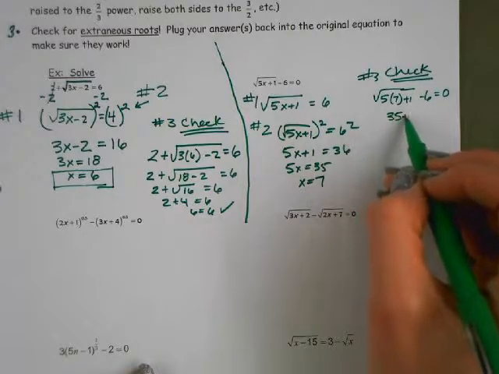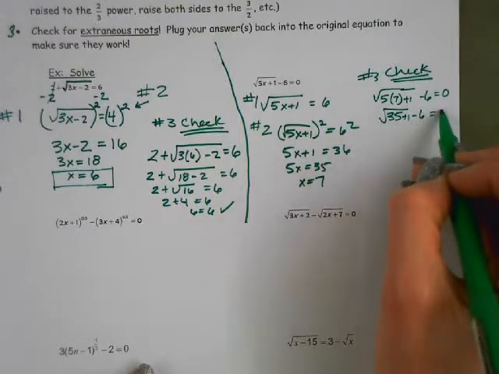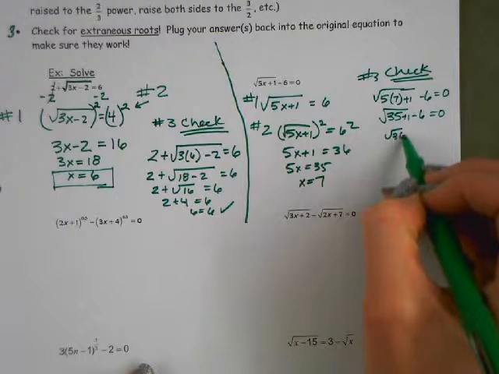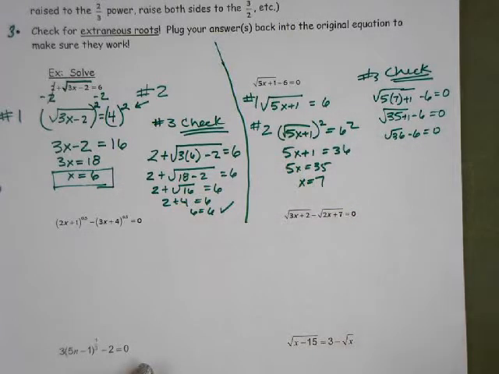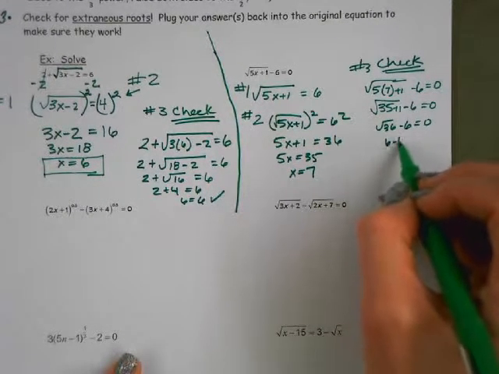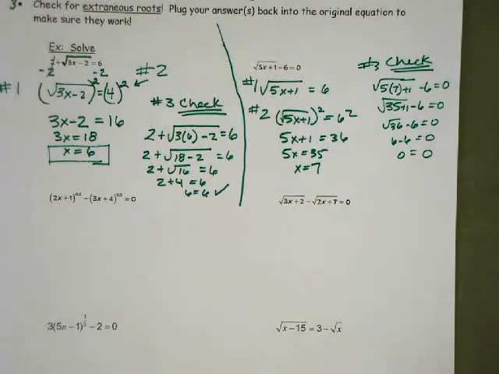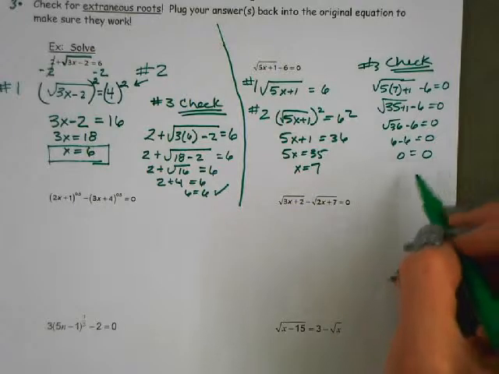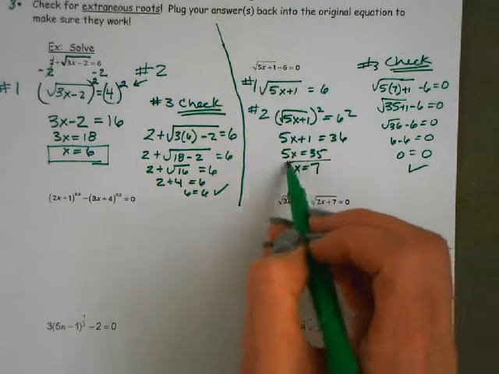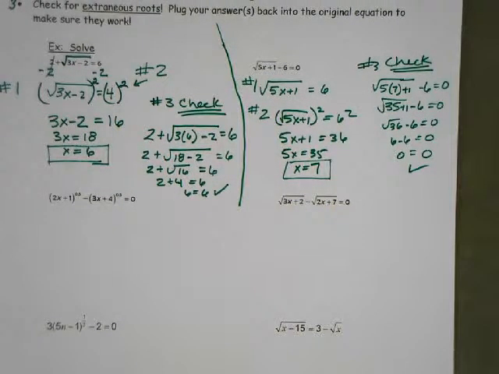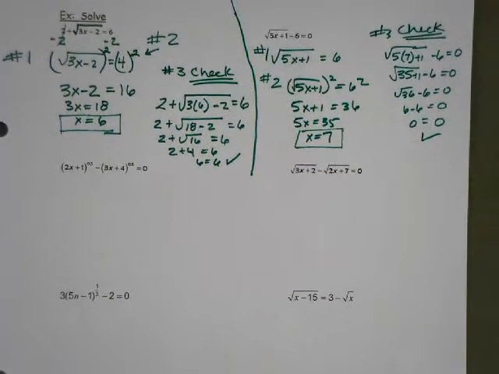So this is going to be 35 plus 1, minus 6 equals 0. So it's going to be square root of 36 minus 6 equals 0. And that's going to be 6 minus 6 equals 0, and 0 equals 0. Okay? Because the left and the right side equal, that is the solution, that is my answer. Does that make sense? Okay.